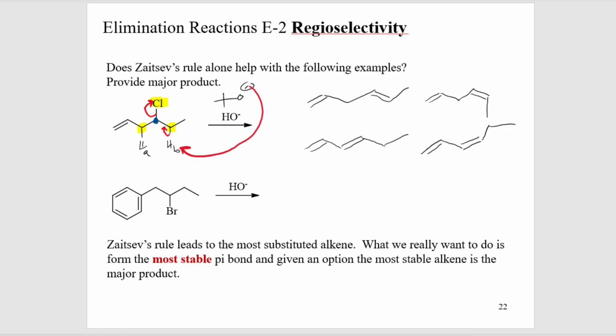Now, the difference between the first 2 at the top and the bottom 2 are constitutional. A versus B proton is a regioselectivity issue. Which region are you going to pull from? First of all, let's eliminate 2 of these.